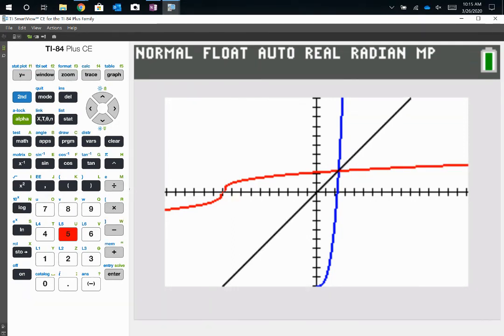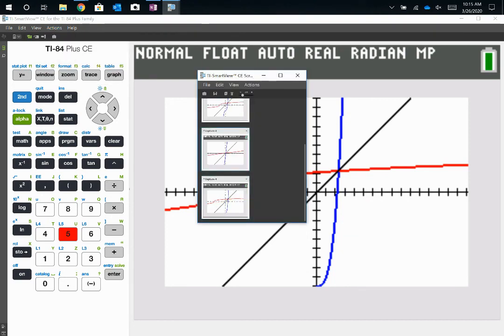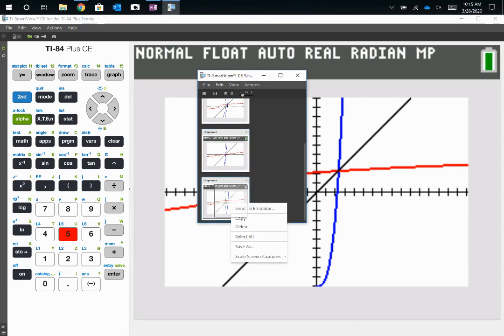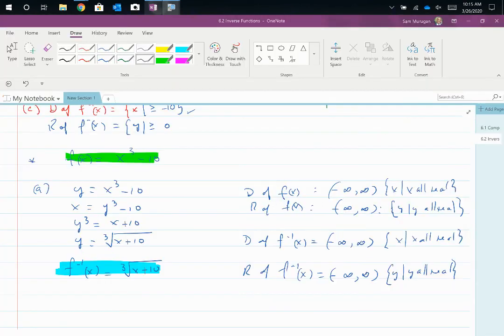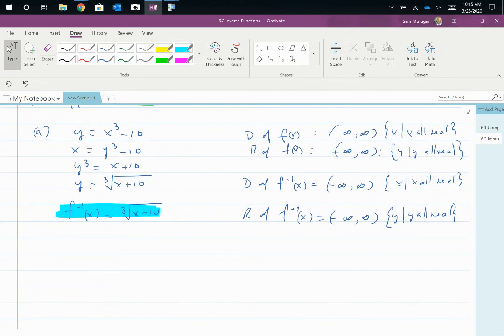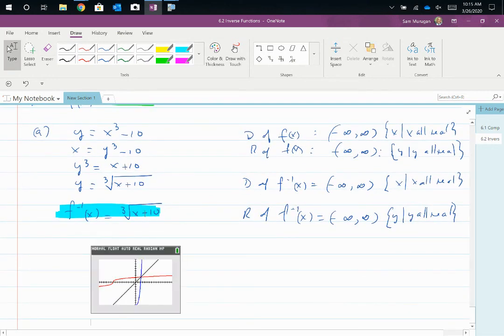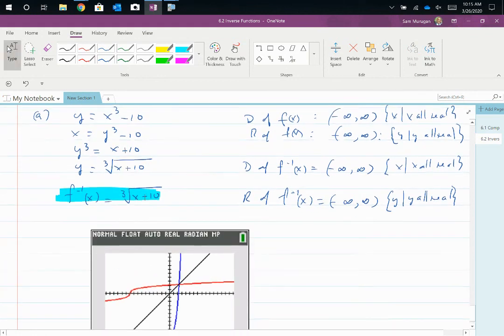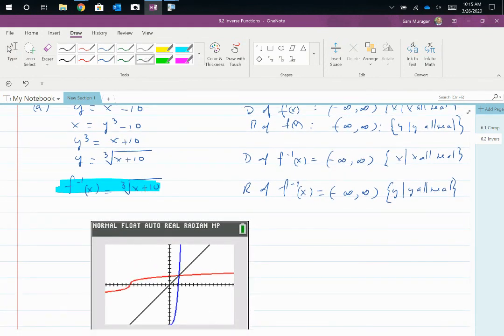Okay, so capture this. Paste it. So here is our cube root function shifted 10 places to the left.